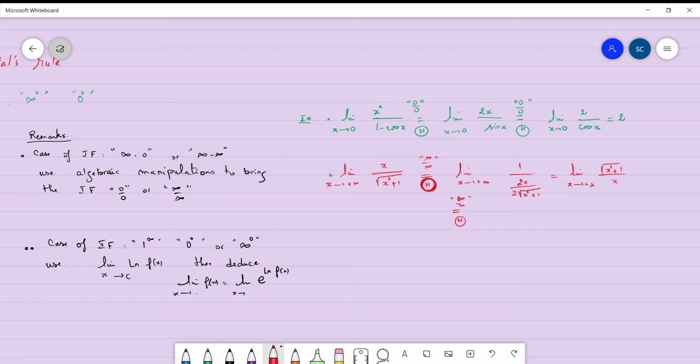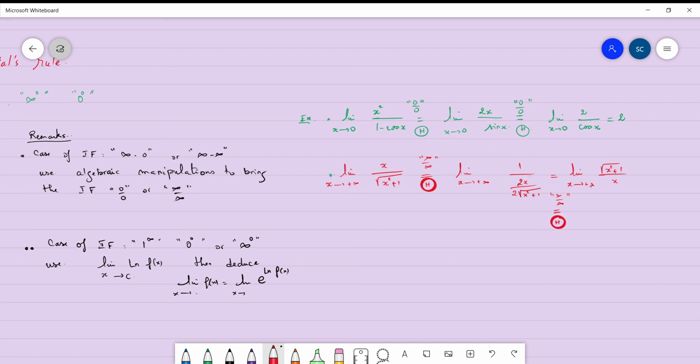Let's write things here. I have infinity over infinity as behavior, so I can use L'Hopital.